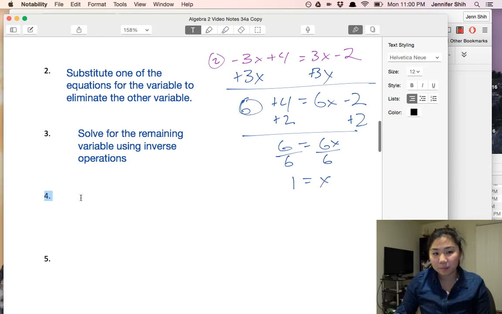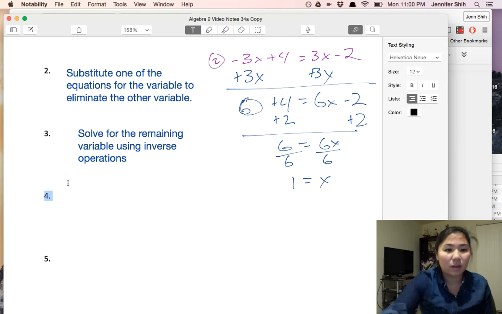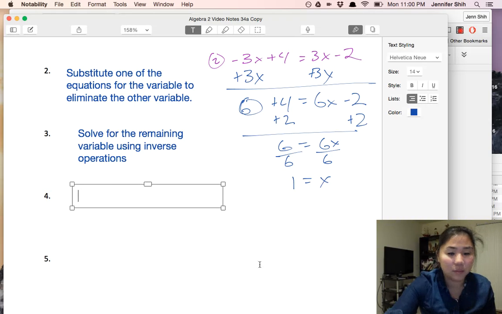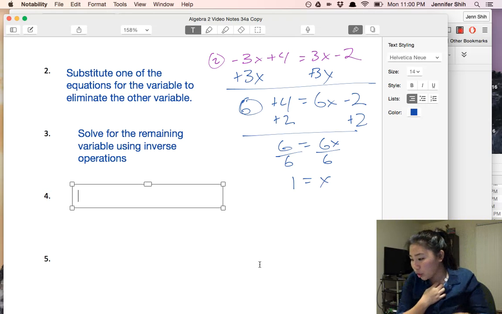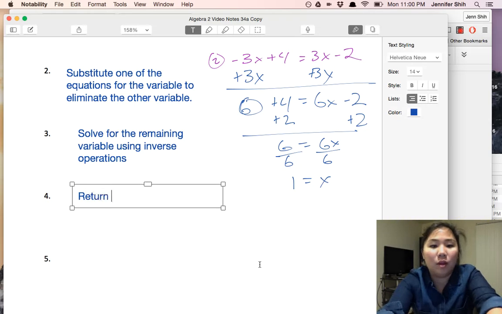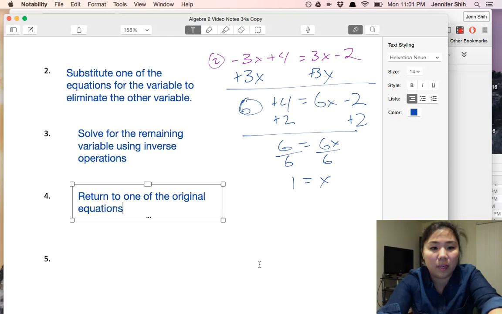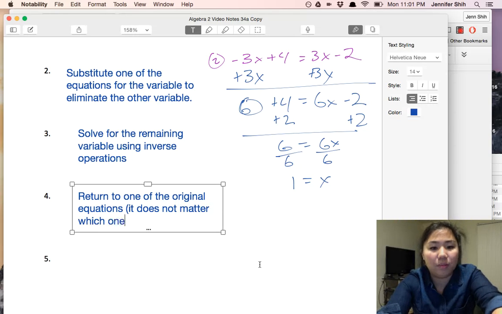The next step is to return to one of the original equations. Just pick one. It doesn't matter which one.